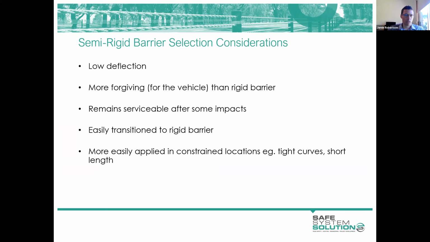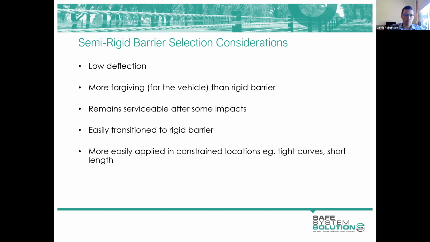Because of that deflection, they're more forgiving on the occupants of the errant vehicle than a more rigid system. Typically, the damage upon impact is fairly localised, so the barrier can sustain subsequent impacts and perform well. So it doesn't need that immediate maintenance intervention for the most part. Sometimes with some serious impacts, it does.